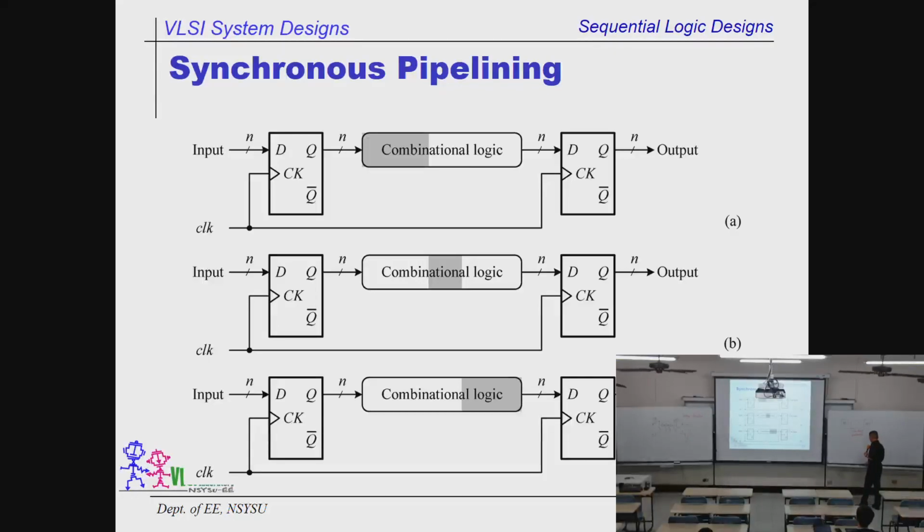We can divide it into several small parts, and then we add D flip-flops. Send it over here. This is a very long delay. We chop the delay into 3 stages. For example, this delay is TD, and this will become TD divided by 3.